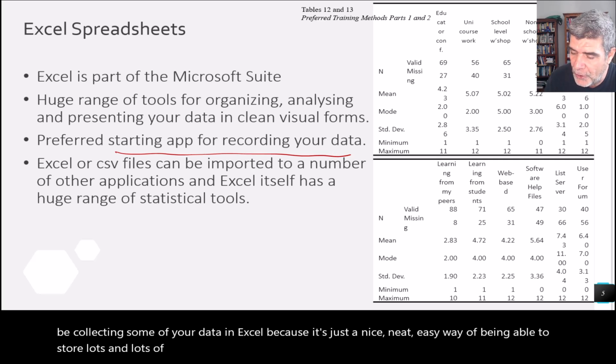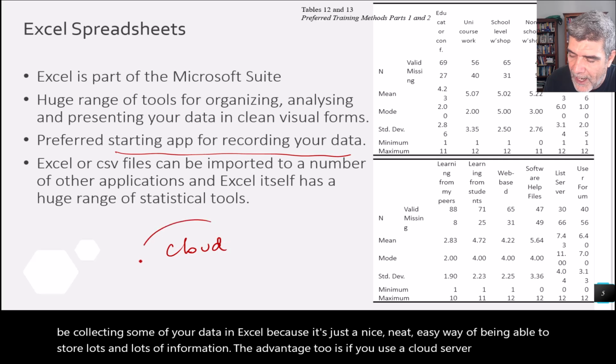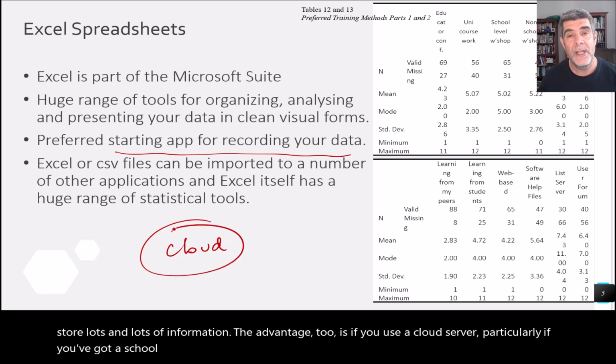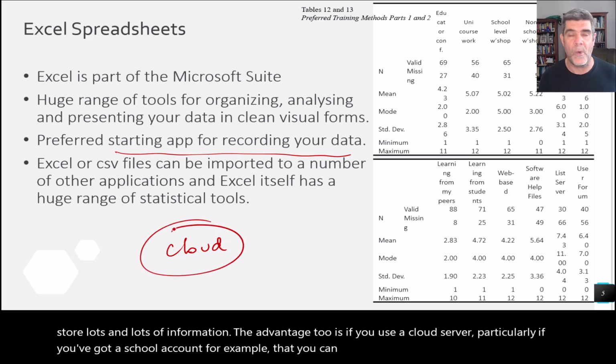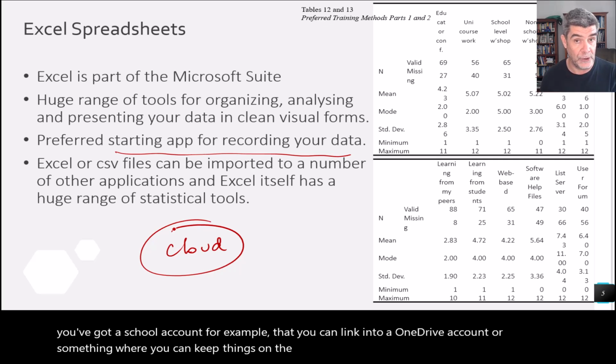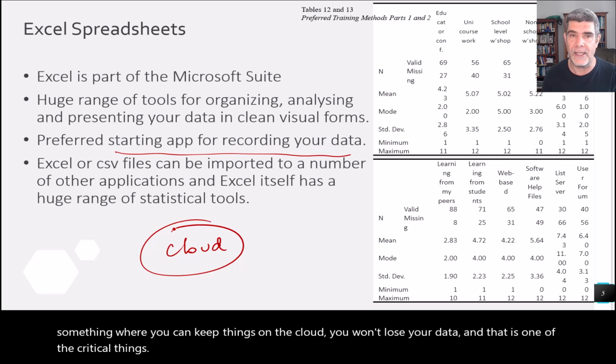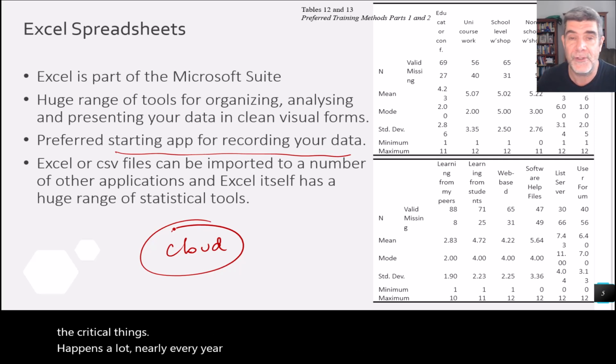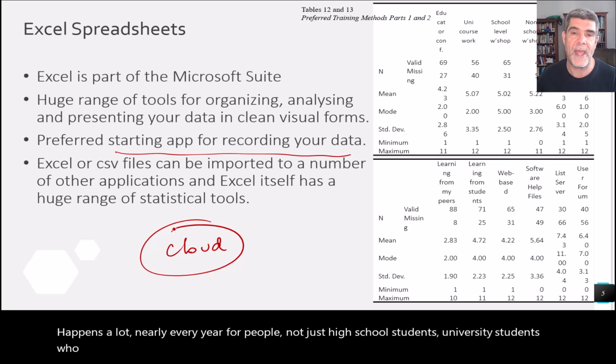The advantage too is if you use a cloud server, particularly if you've got a school account, for example, that you can link into a OneDrive account or something where you can keep things on the cloud, you won't lose your data. And that is one of the critical things that happens a lot, nearly every year, for people, not just high school students, university students, who think they've got everything backed up and find at some point they've lost data.